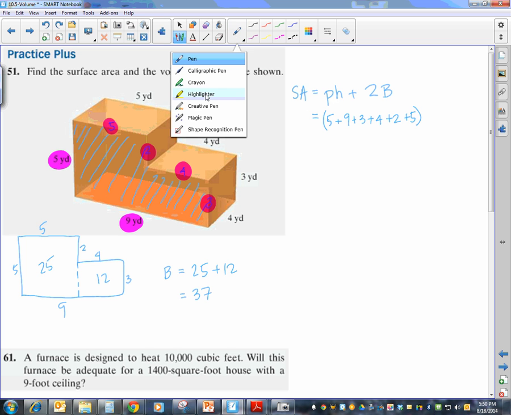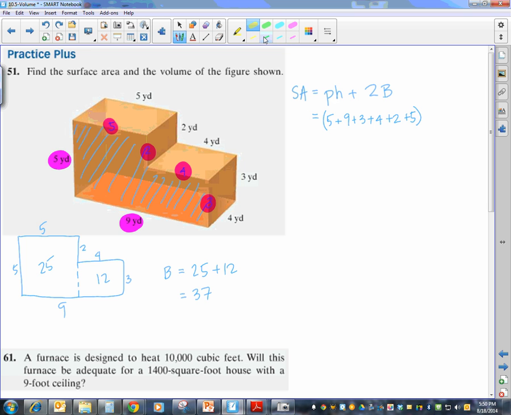The height is the distance between the bases. Here's a base. Remember, it's the front and the back, and the distance from the front to the back is right here. So that's my height in my picture, plus 2 times the area of the base, which we calculated, which is 37.